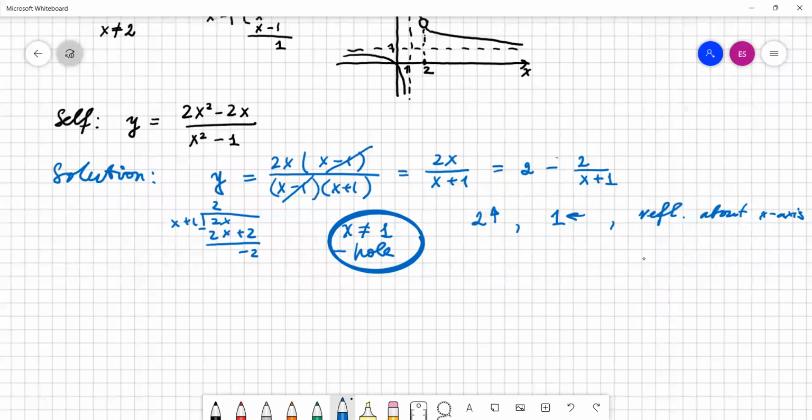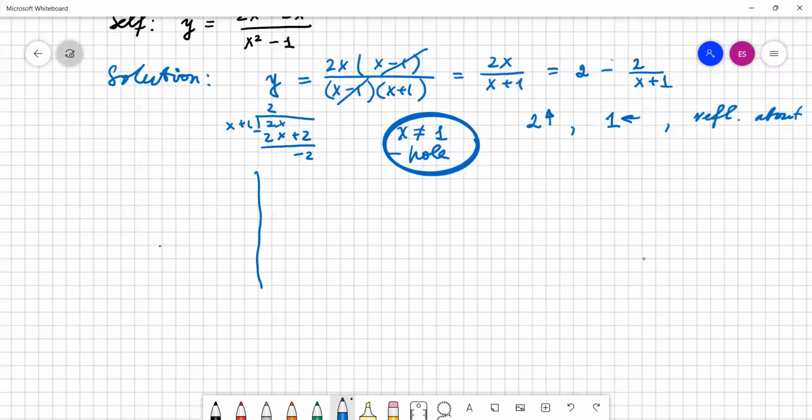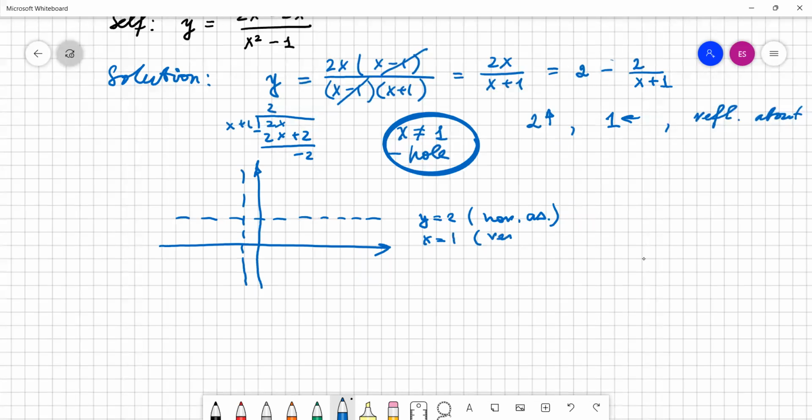Now I'm ready to graph. So first, 2 units up: horizontal asymptote y equals 2. 1 unit to the left: x equals minus 1, vertical asymptote.